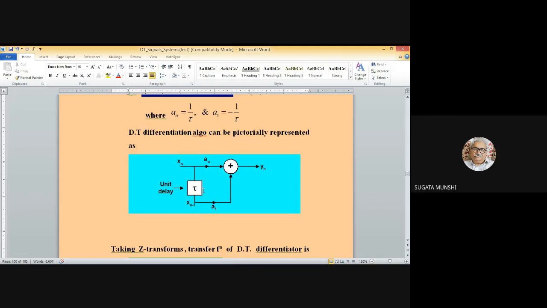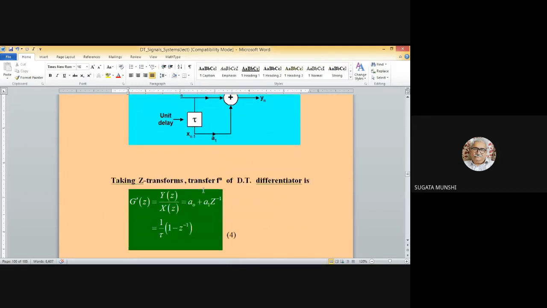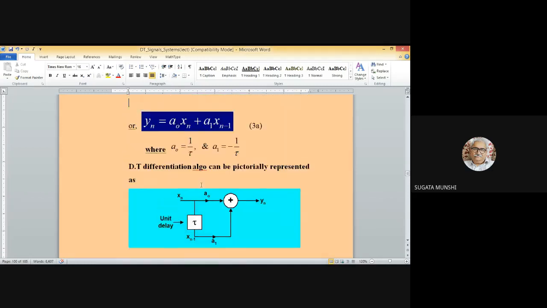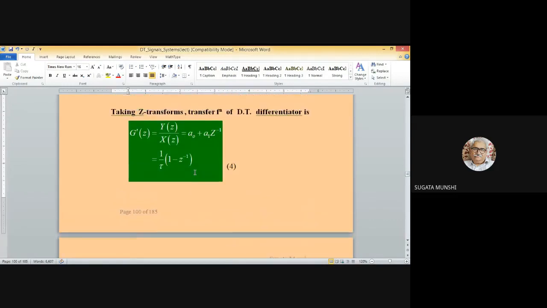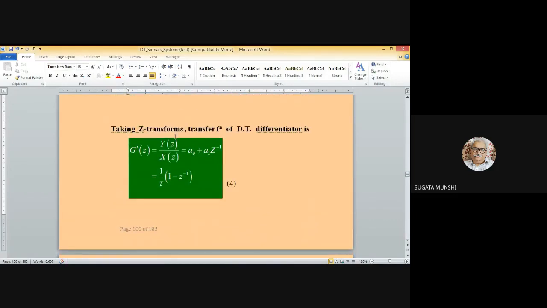All right. Now, if you take the z transform of both sides of this equation, and then you divide Y(z) by X(z), what will you get? a0 plus a1 z to the power minus 1, which is 1 by tau into 1 minus z to the power minus 1. So this is the transfer function.